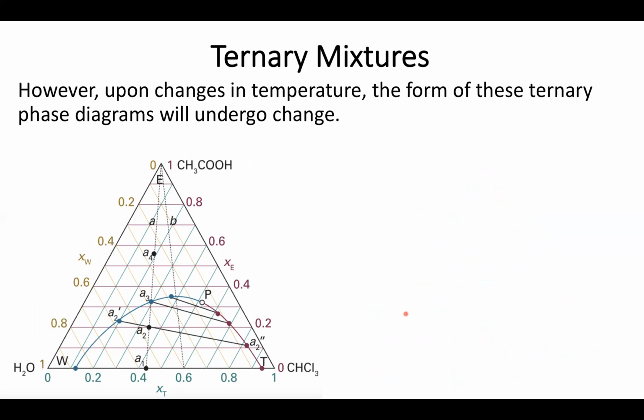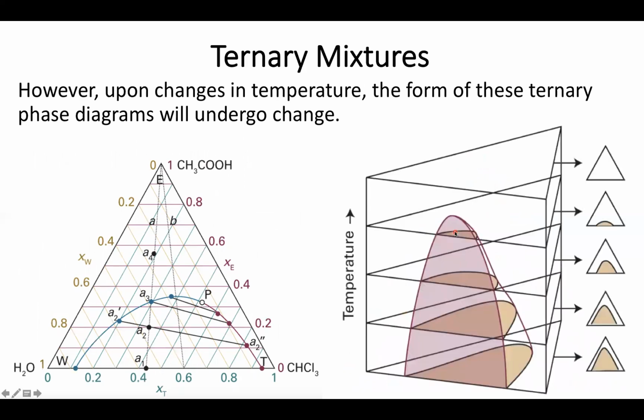However, this means that as I change the temperature of the system, these phase diagrams will also tend to change. For example, if I'm looking at the equilibrium of ethanol, water, and chloroform, as I go to higher and higher temperatures, logically we'd expect this phase region to become smaller and smaller until the system becomes fully miscible under high temps.